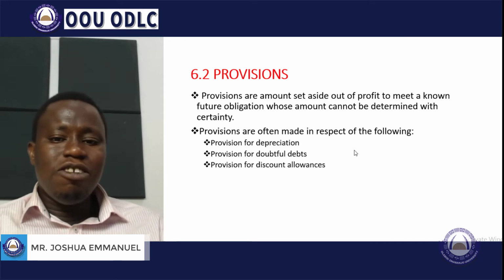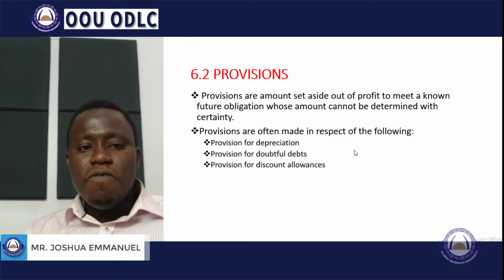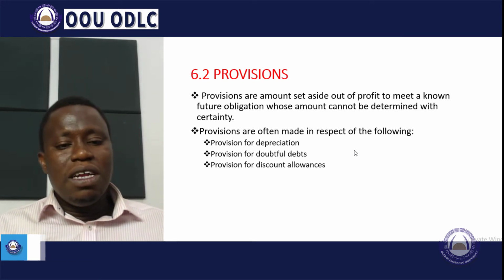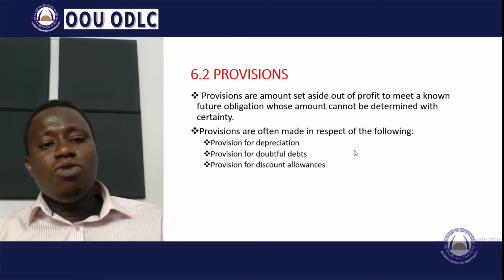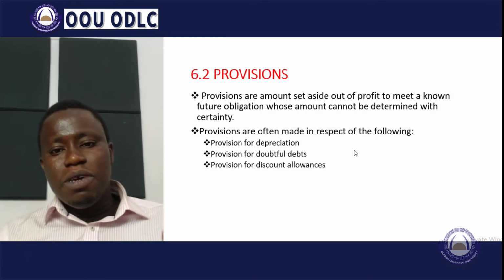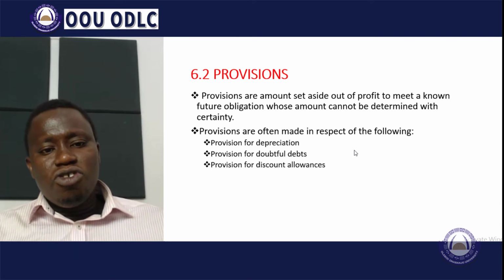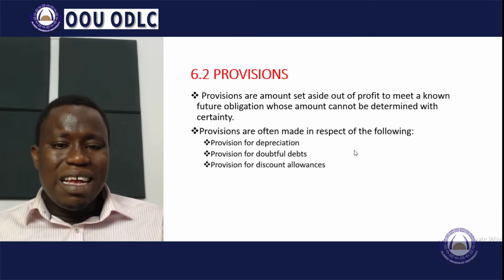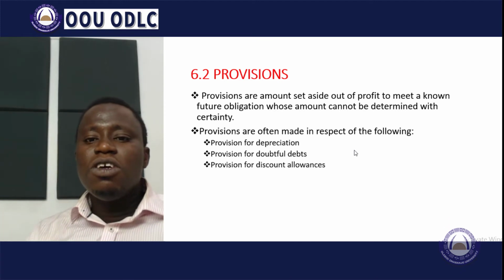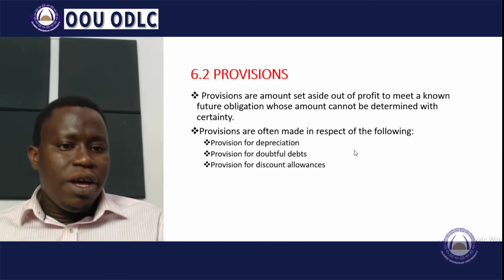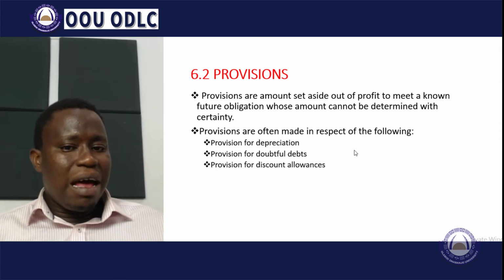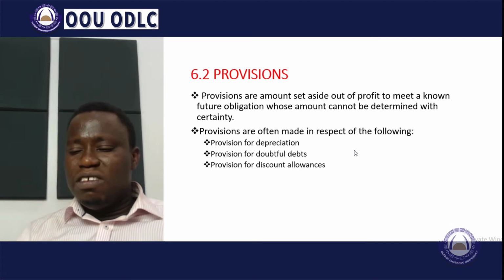Now, the second aspect is provision. I've talked about reserves. They are profits that you set aside out of profit to meet specific needs or future obligations. But provisions are also amounts that are set aside out of profit to meet a known future obligation whose amount cannot be determined with certainty.